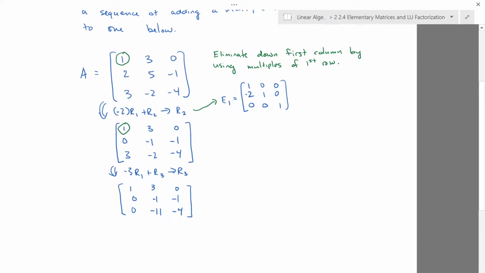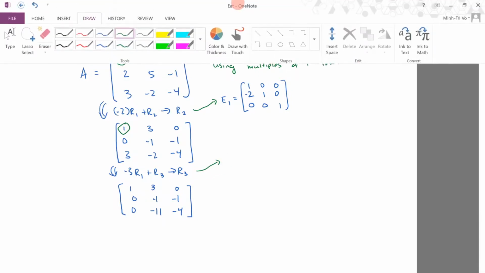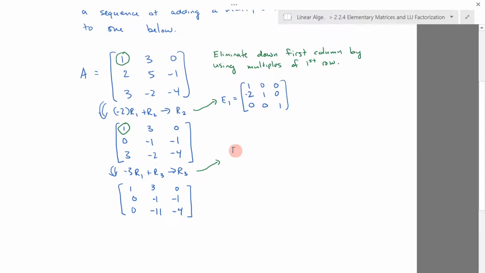So that's the second row operation, and then the elementary matrix for that: you're adding -3 times the first row to the third row. So -3 goes there. Everything else looks like this.